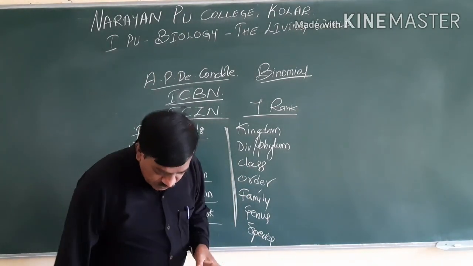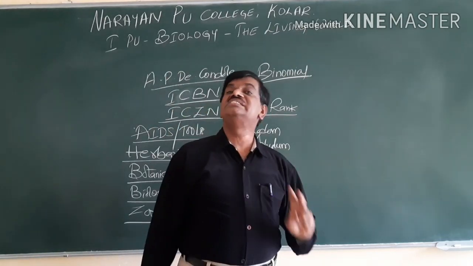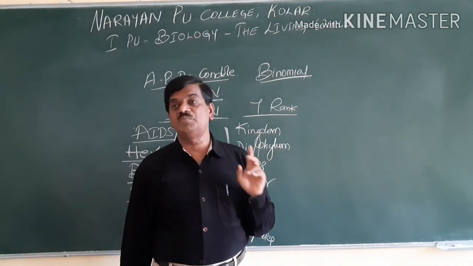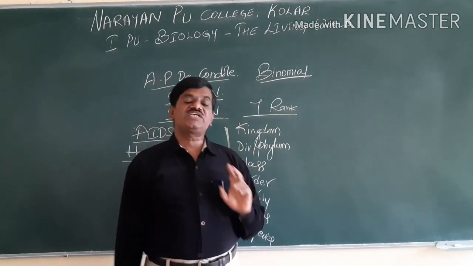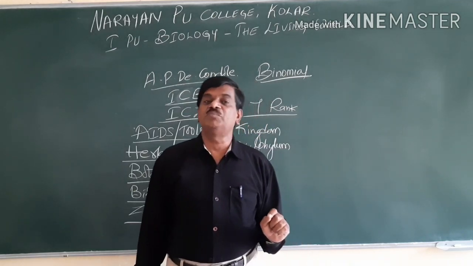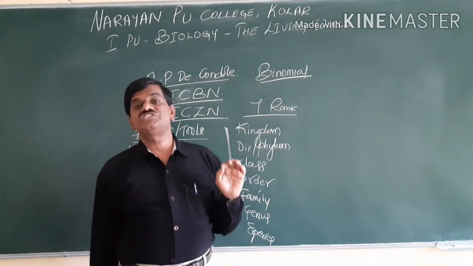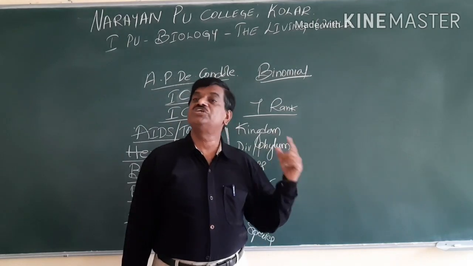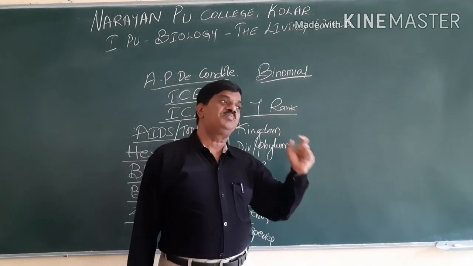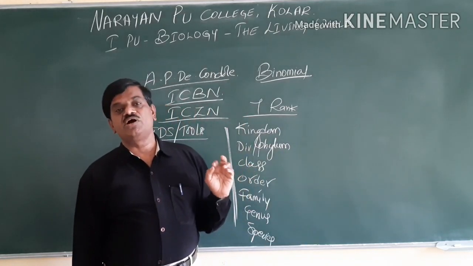The key is a device for quick and easy identification of plant specimens. In a taxonomic key there are two terms. One is the couplet, which is a pair of contrasting statements. In a couplet, each statement is usually called a lead.